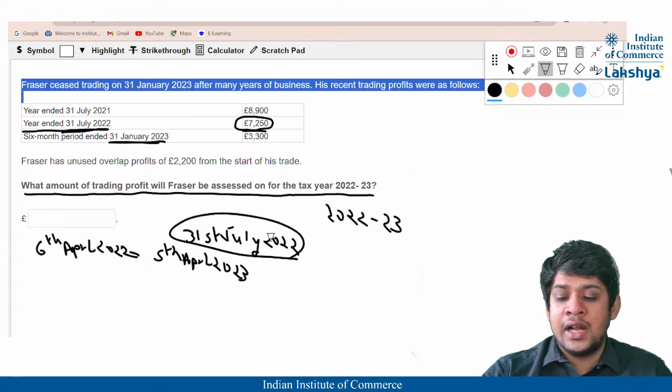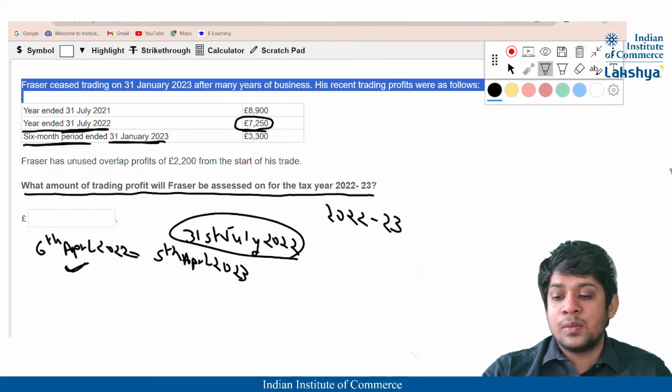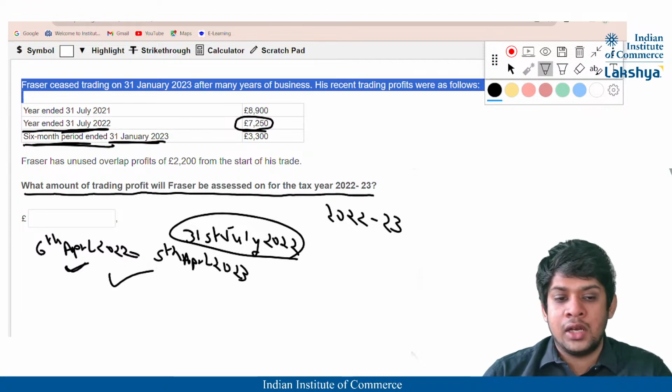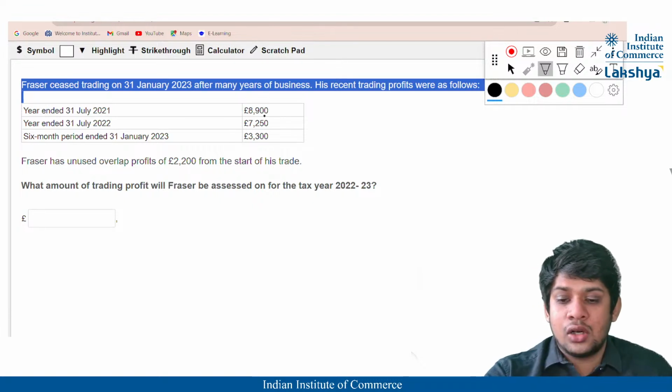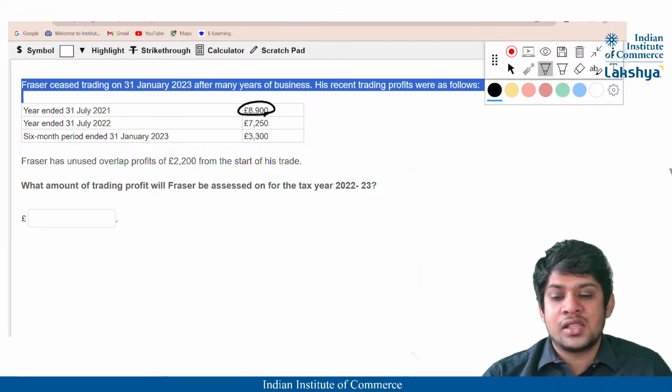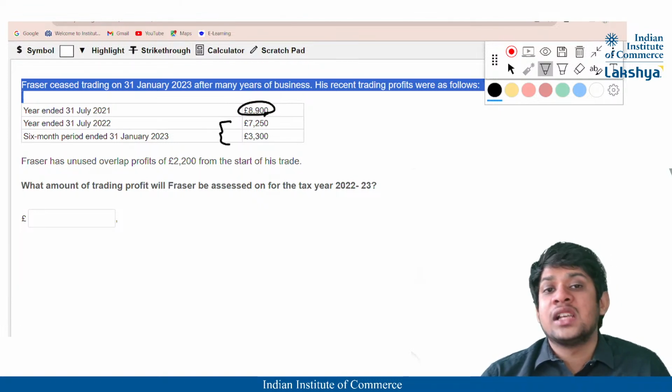So this year is ending in this tax year. And the next 6 months period, ending 31st January 2023, is also ending in this period. So all of that which has not been taxed yet will now be assessed. This has already been assessed in the previous year, but these two have not been assessed yet.